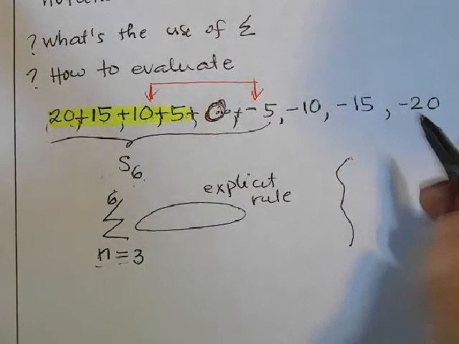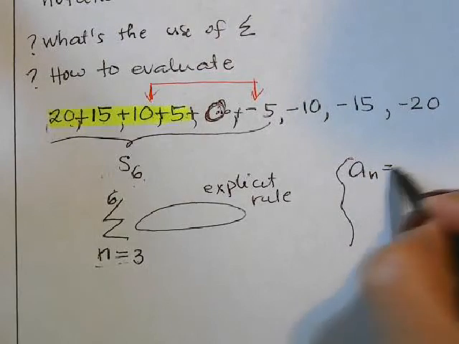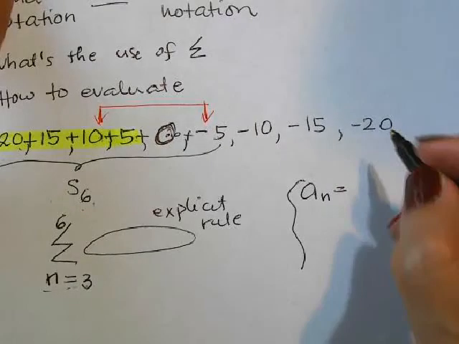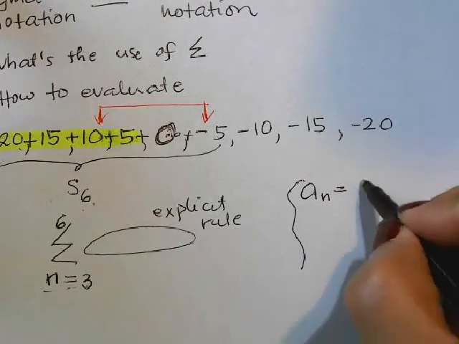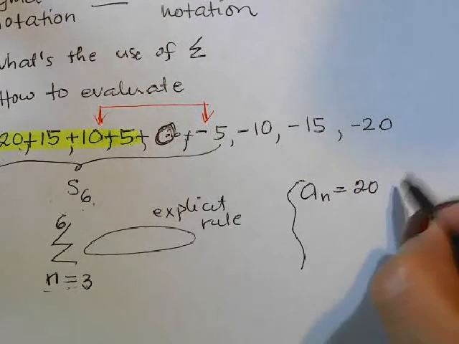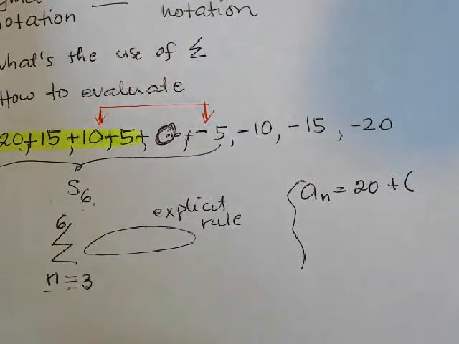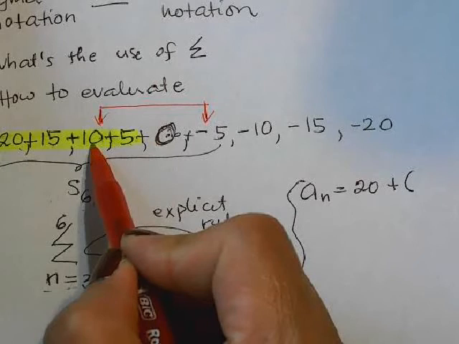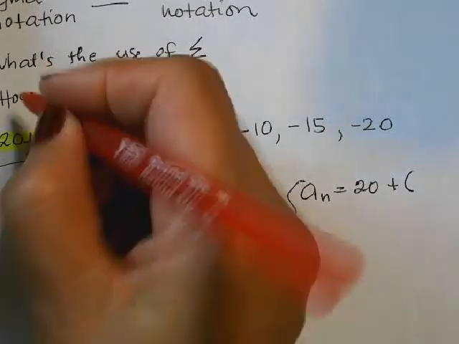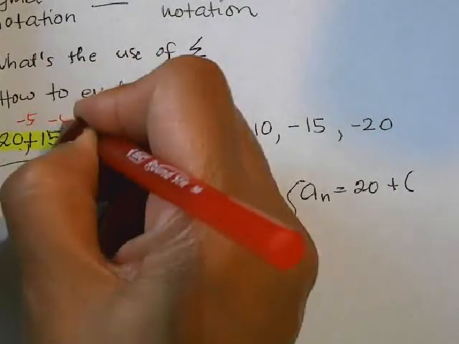Again, the formula for a sub n is a sub 1, which is 20, plus d. What is our d? It is negative 5, right? We are subtracting, or we are adding negative 5. 20 minus 5, 15 minus 5, 10 minus 5. Our d is negative 5.